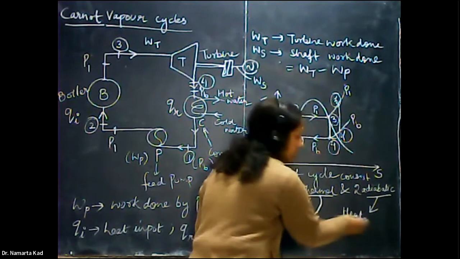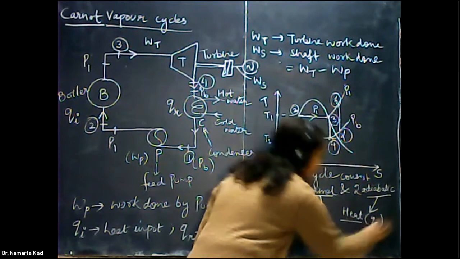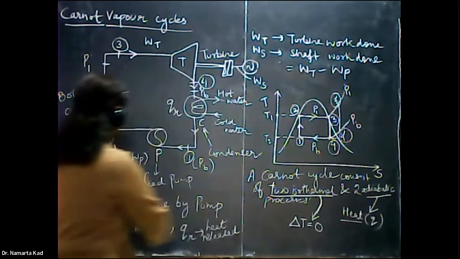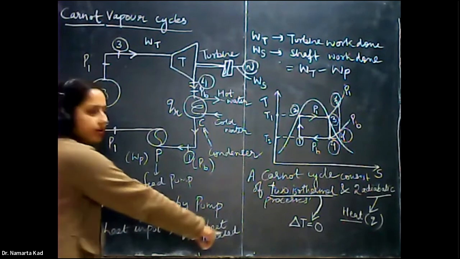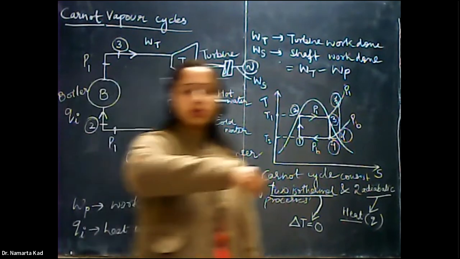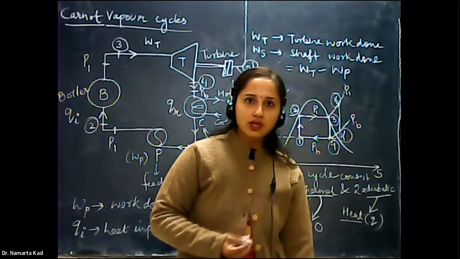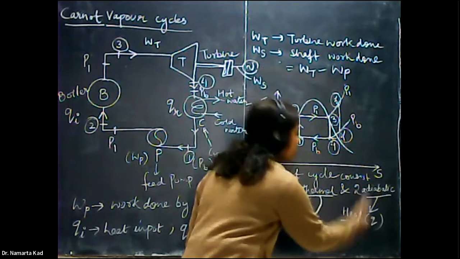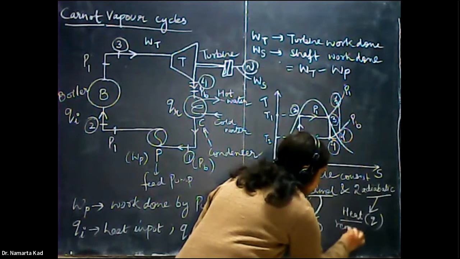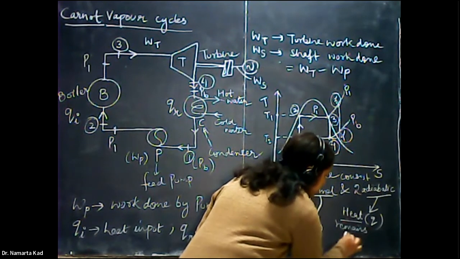We denote the heat with Q. Here we have written that Q is heat input and heat released. Heat is input during the boiler stage and released during the condenser stage. So for the adiabatic process, heat remains constant.